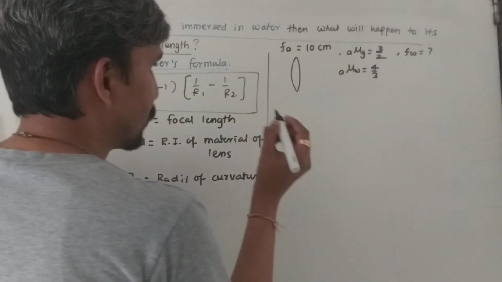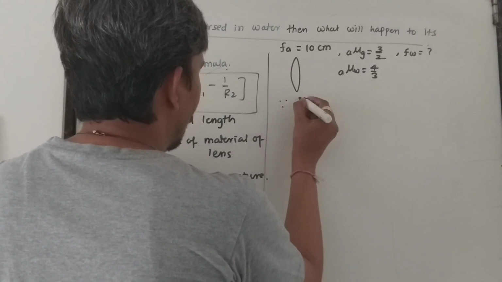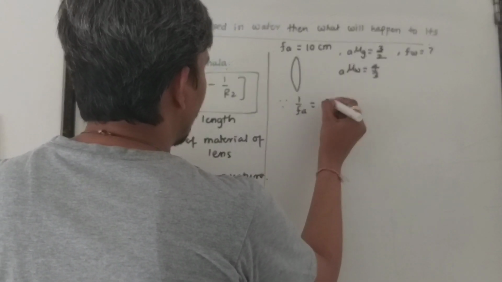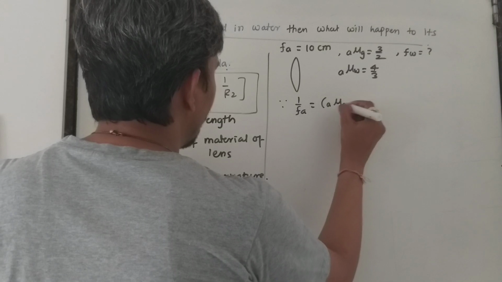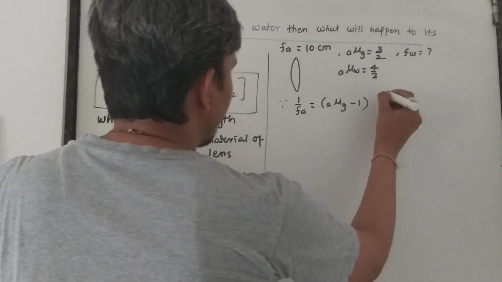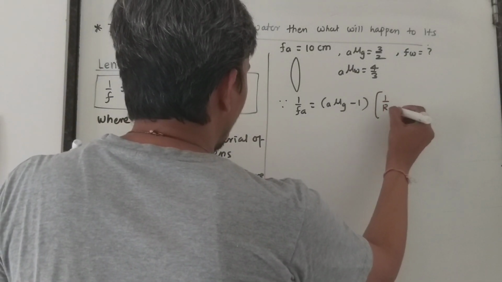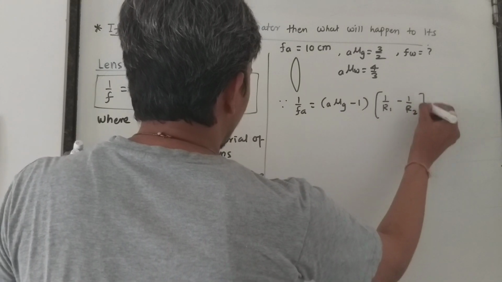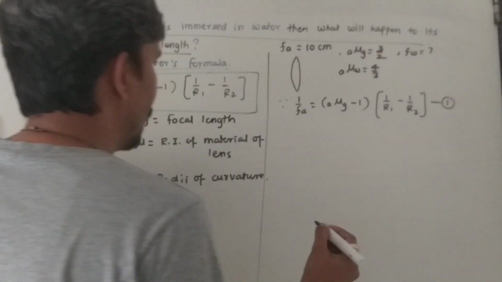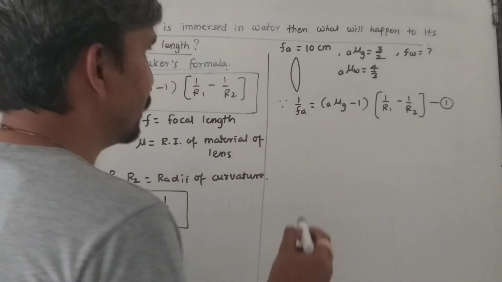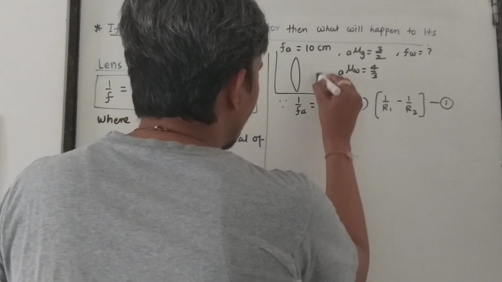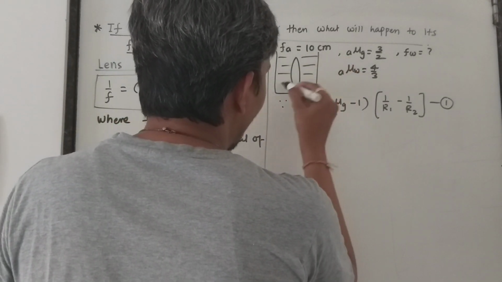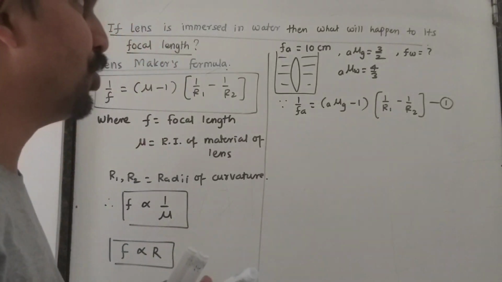So the lens maker's formula is 1 by Fa is equal to (aμg minus 1) times (1 upon r1 minus 1 upon r2). This is my equation number 1. Now when you immerse this lens in water, the medium will change.